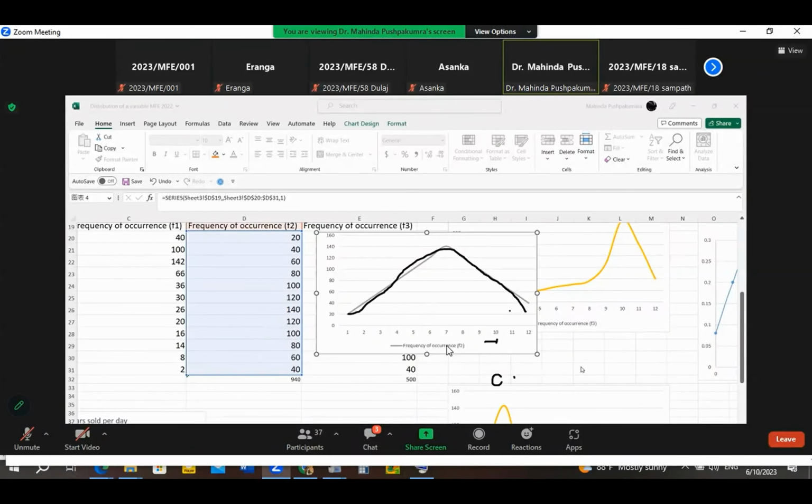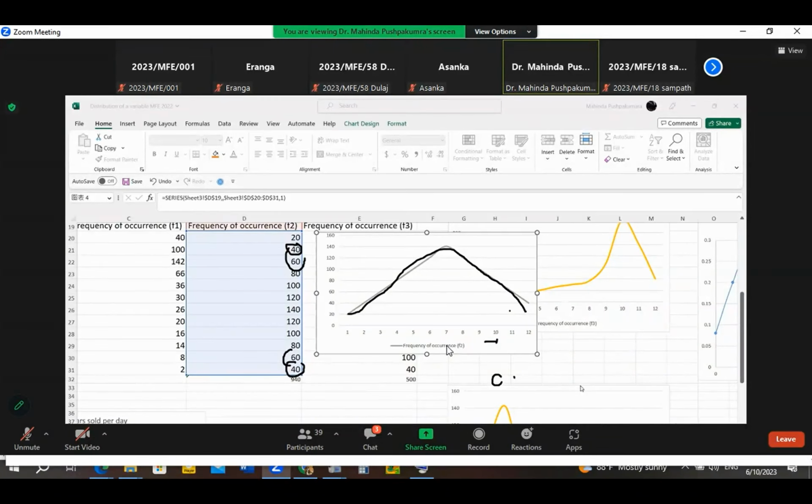Frequencies are symmetrically distributed. You can see lower sales 40 days. Then here again, you can see higher sales also 40 days. 60 days lower sales, higher sales also 60 days. Like this, the distribution is symmetrical.